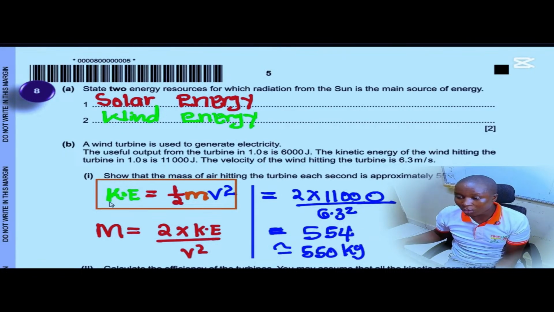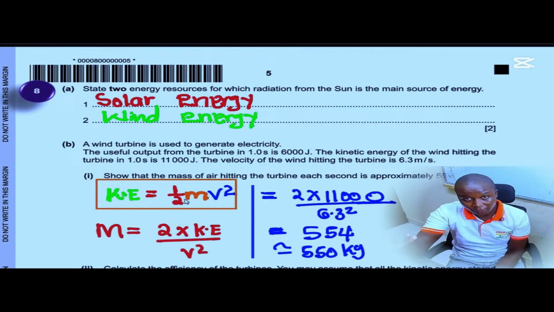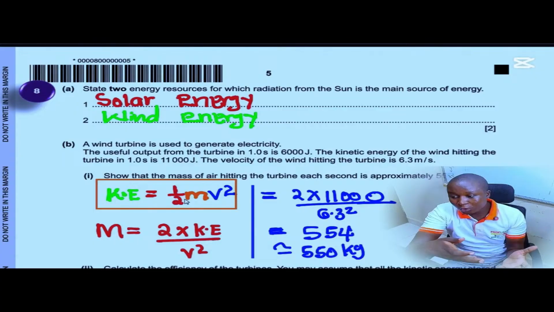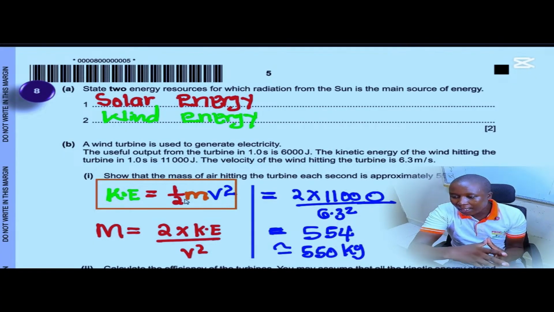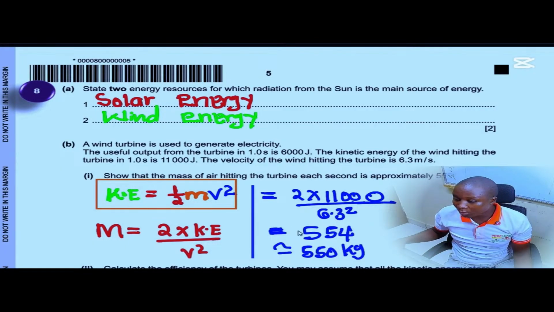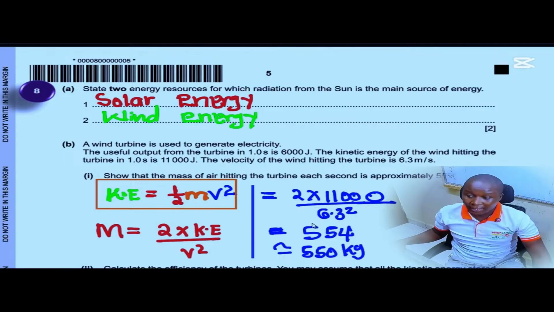So you are going to use the formula kinetic energy equals a half mv squared, and substitute kinetic energy as 11,000. Then we make m the subject of the formula, so that our answer becomes 554, which is rounded down to 550 kg.